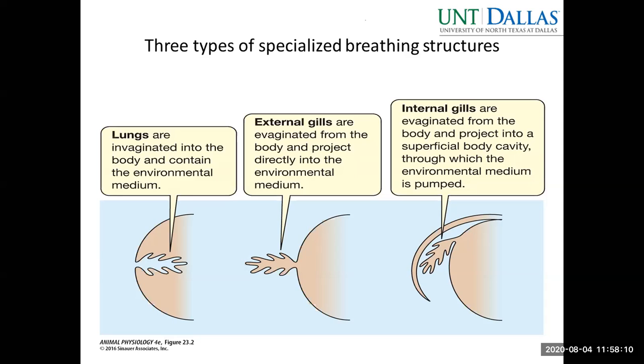Internal placement has its advantages, though: the enclosing structures physically protect the gills and may help canalize the flow of water across them in ways that enhance the efficiency or control of breathing.